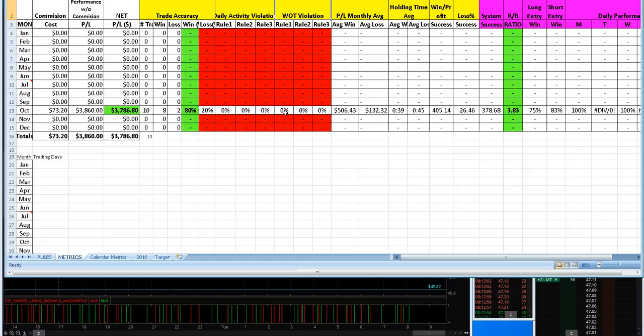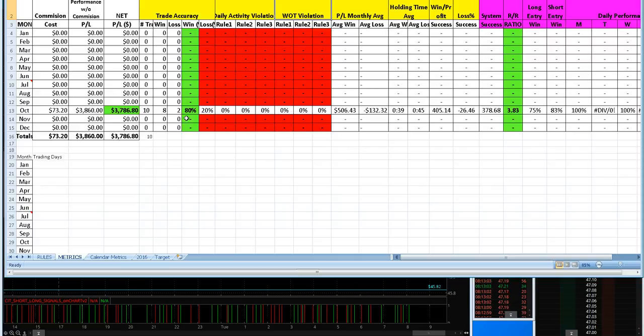As you can see, I haven't really violated any rules yet. For the last 2 weeks that I started tracking performance, I got zero violations, so I didn't violate my rule, which is a good thing.